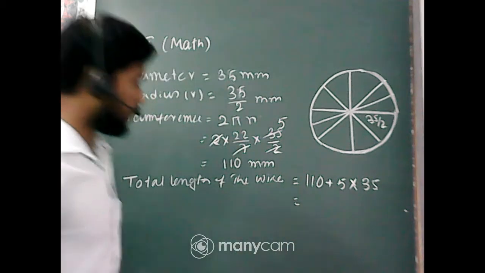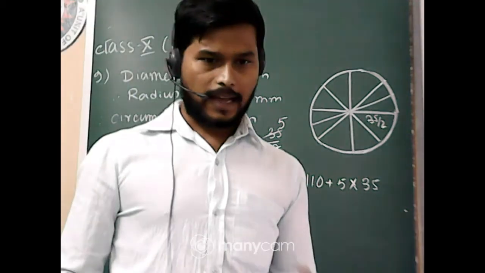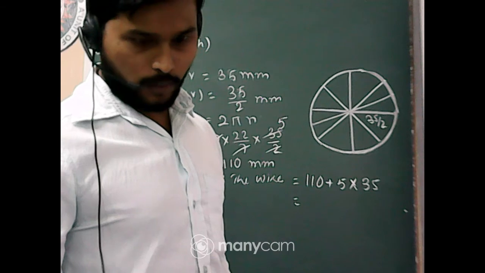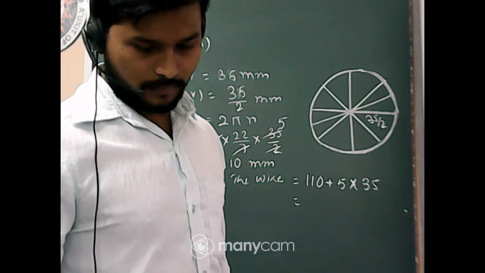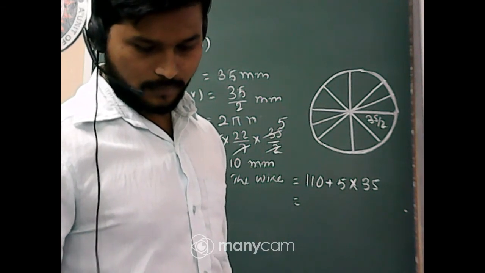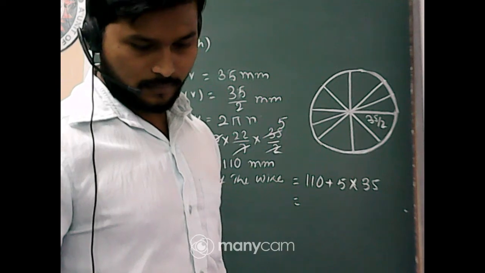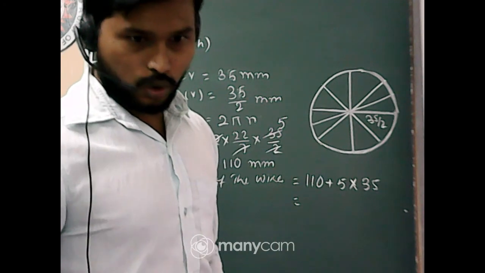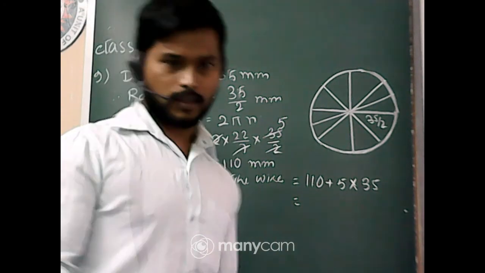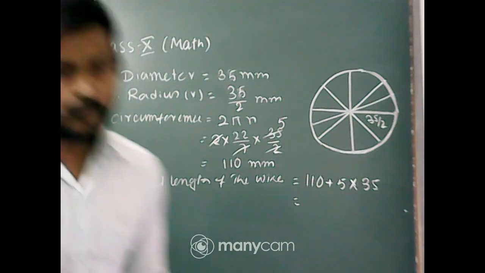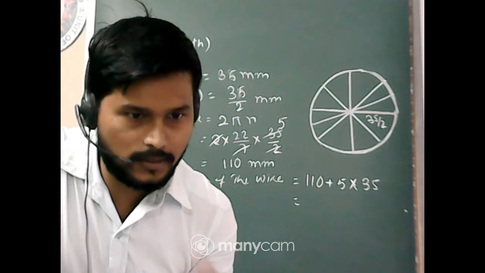Now multiply 5 into 35 and then add it to 110.